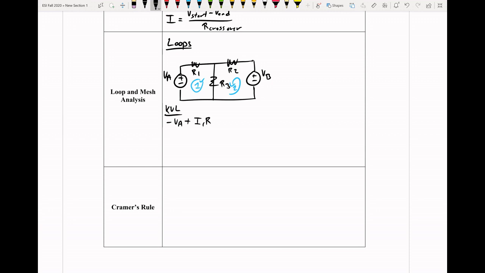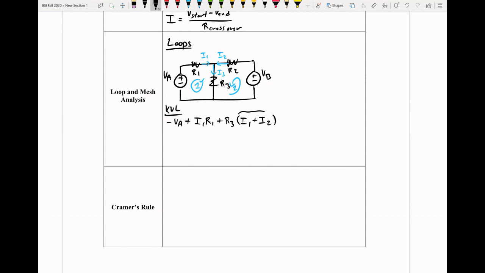So minus V of A plus I1 times R1 plus, now this is R3, right? Because we're going down the middle branch. Now we're going with I1 and I2 as well, okay? Because what we're saying is I1 and I2 are meeting up to form this new value called I3.